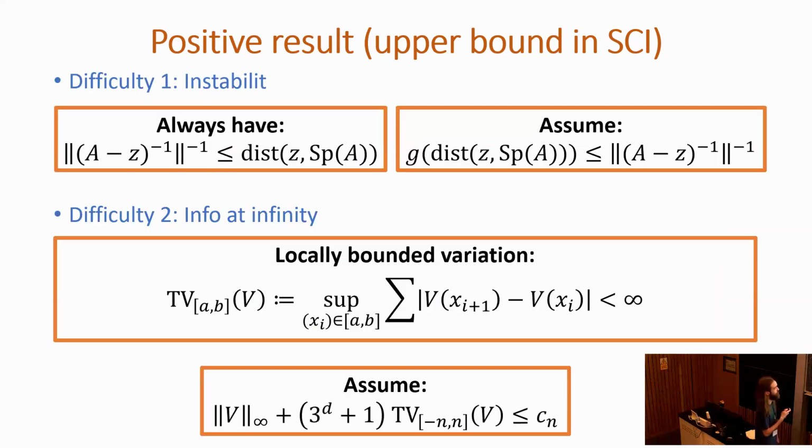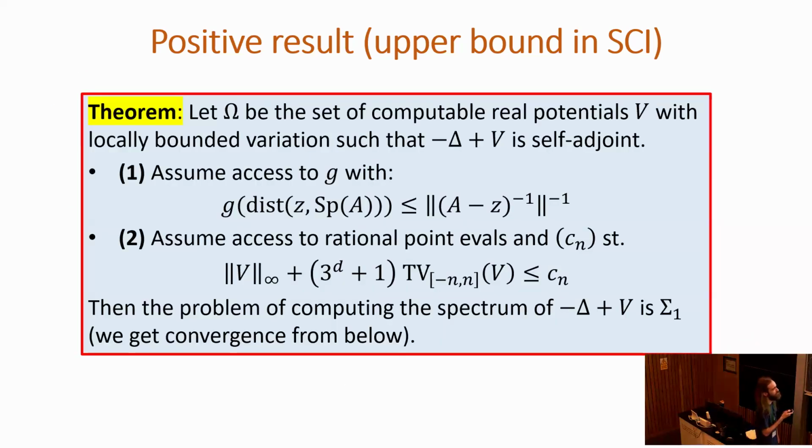So we always have this lower bound on the distance, and we grant access to an upper bound in terms of this function g, which for a self-adjoint operator we can just take as g(x) = x. The operator A will just be minus Delta plus V, which we define on test functions.